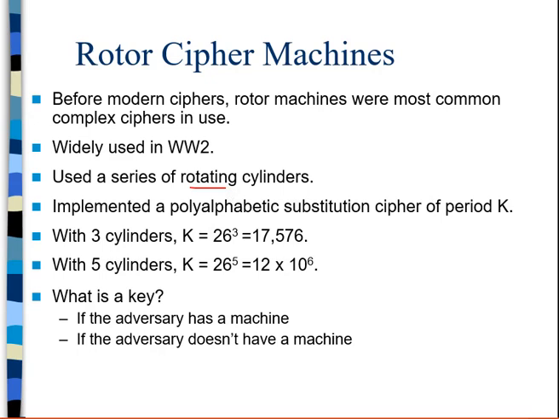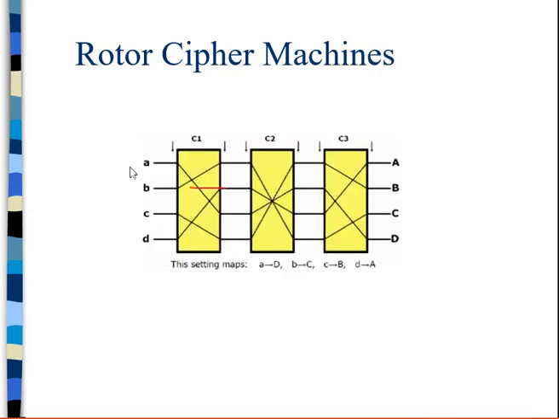What does it mean? It means that you can consider a rotation in your alphabet. I can explain in the next slide. This is a simple example of a rotor machine.